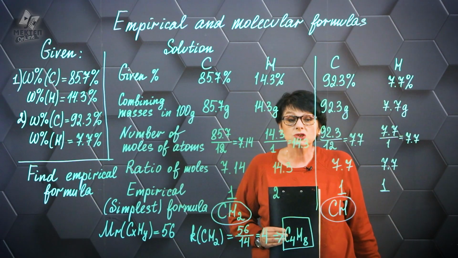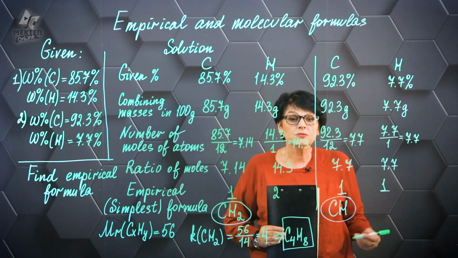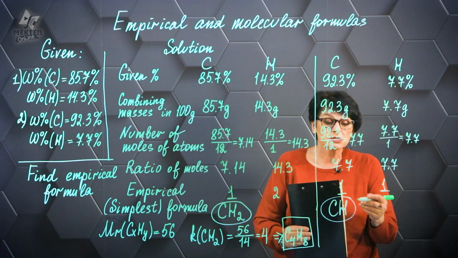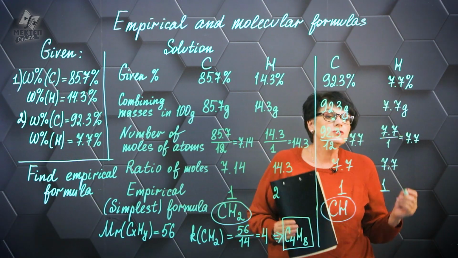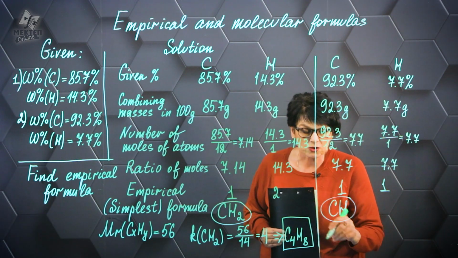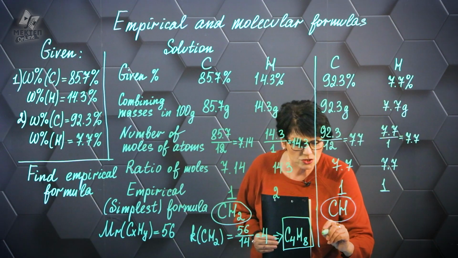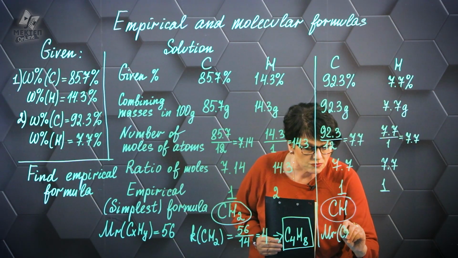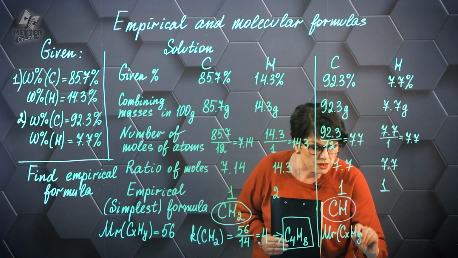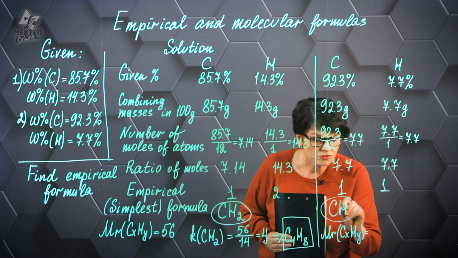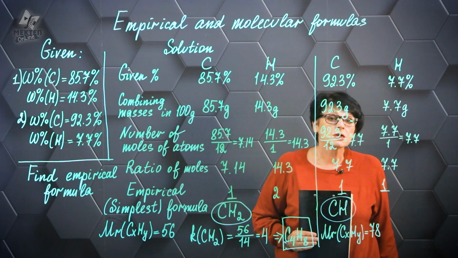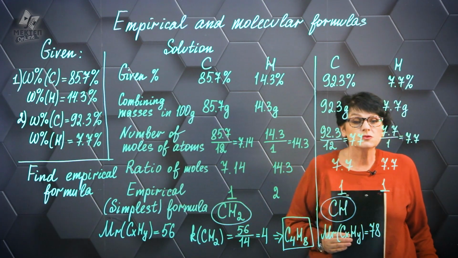This is the simplest formula, and let's give an example of a substance that would have such a formula. If we translate it into molecular terms, then, as in the previous task, I must inform you about an unknown substance that has the simplest formula CH, and its molar mass is 78. For example, the substance benzene has such a formula.